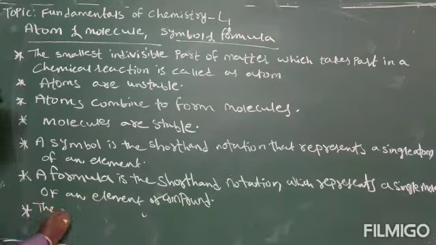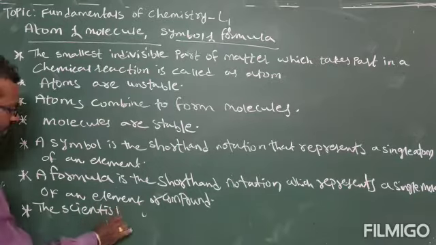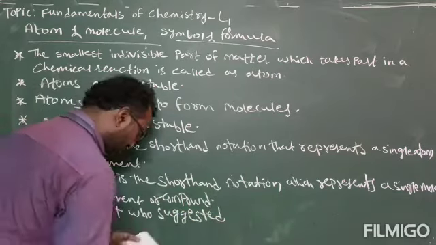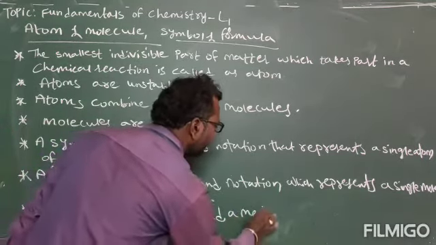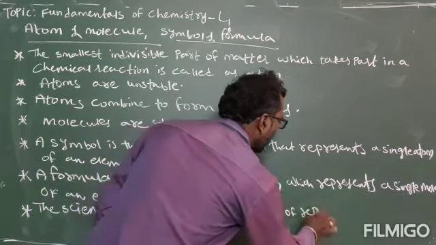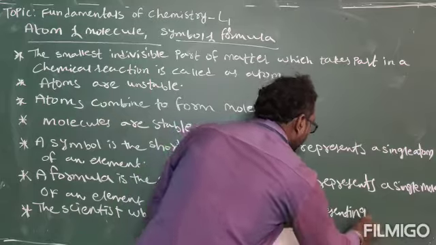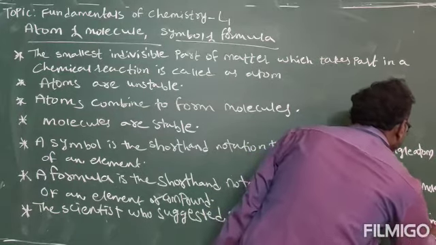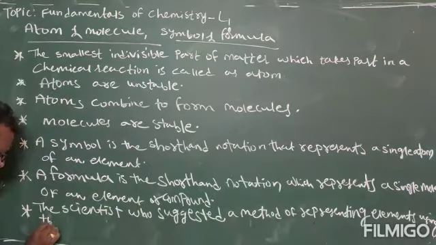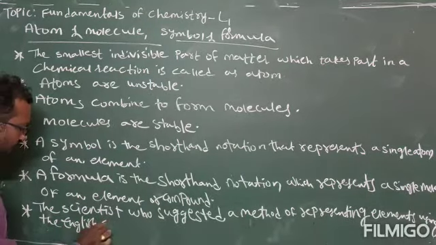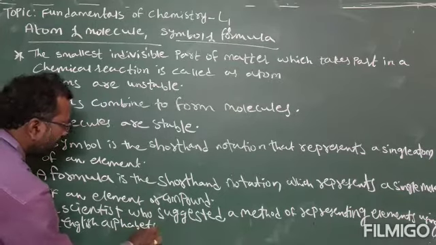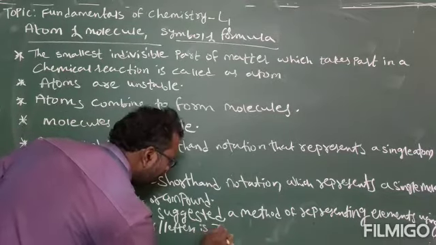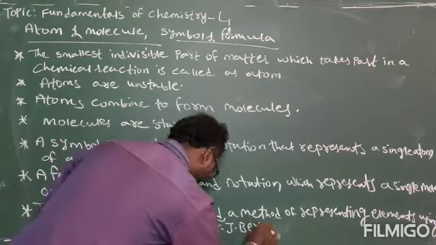The scientist who suggested a method of representing elements using the English alphabets or letters was J.J. Berzelius.